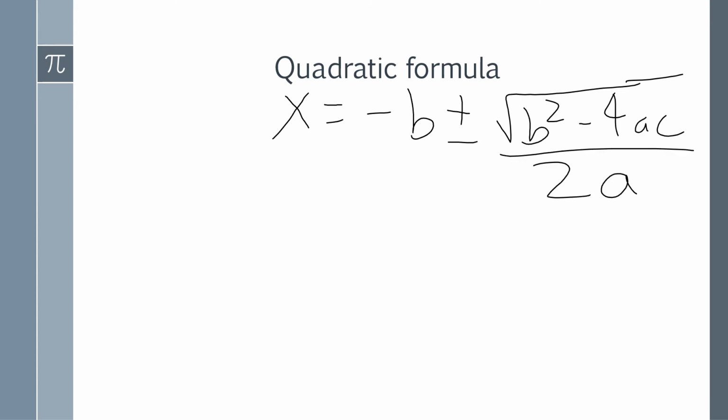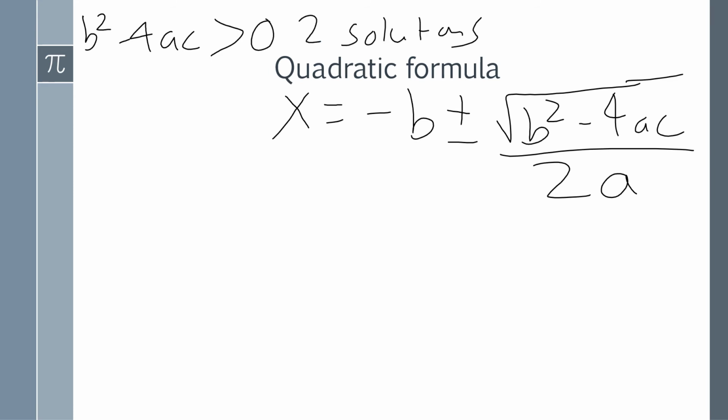Quadratic formula solve. So look, remember b squared minus 4ac. If it's greater than 0, you got two solutions. If b squared minus 4ac equals 0, you get one solution.